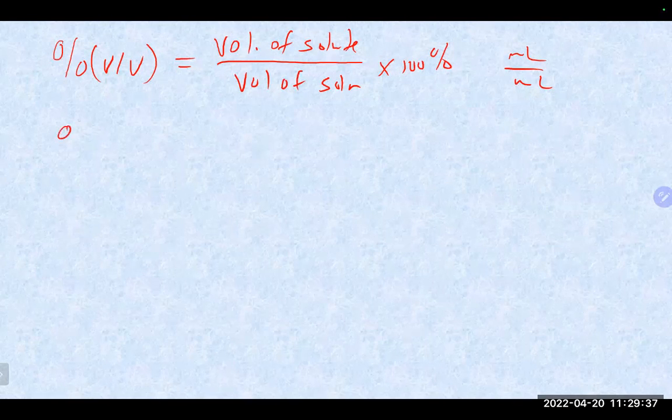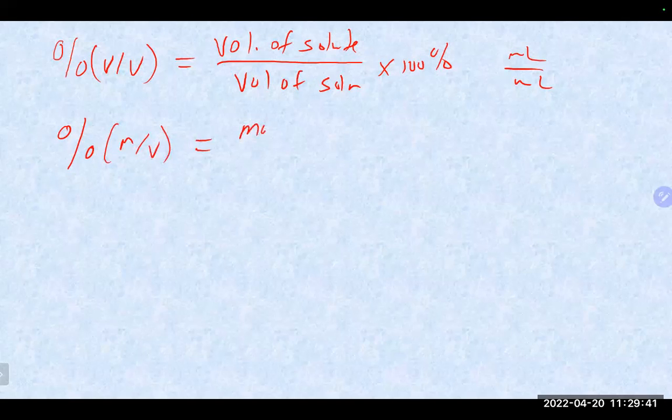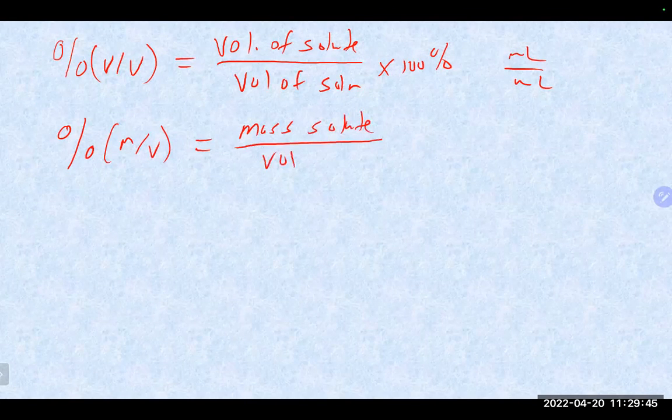And there's also percent mass to volume, which is the mass of the solute divided by the volume of solution times 100%. This is basically like grams over milliliters. That's like density, basically, without the multiplying by 100. Now, they all work the same. You could plug into this equation just like you could with the mass percent.